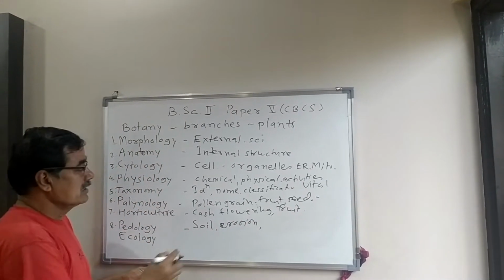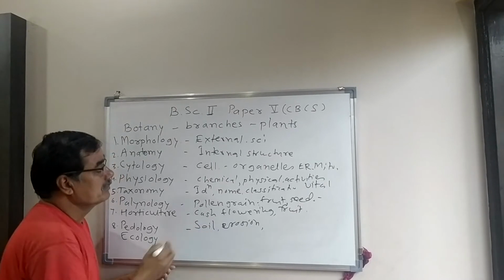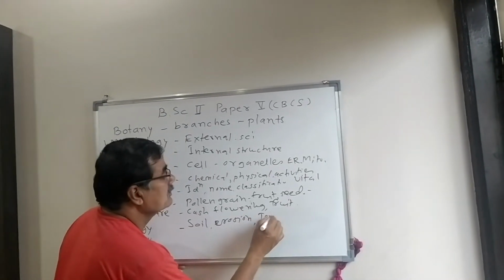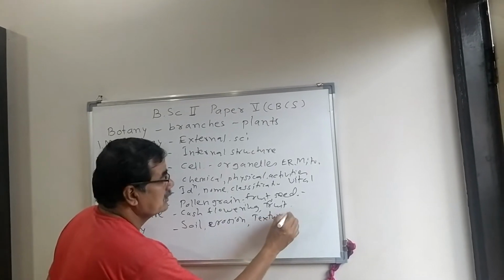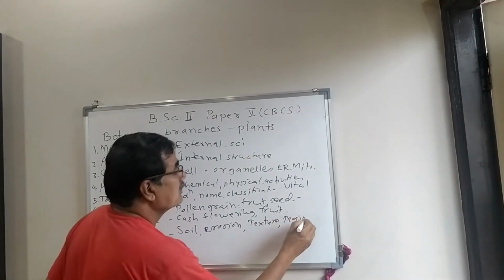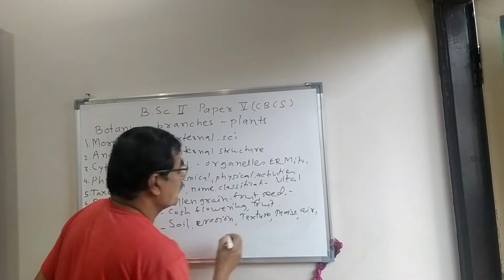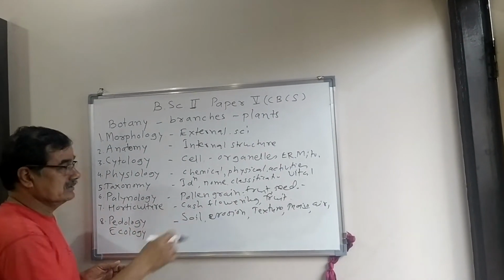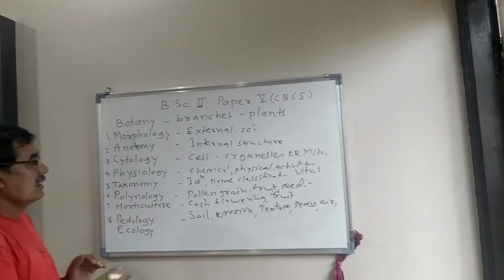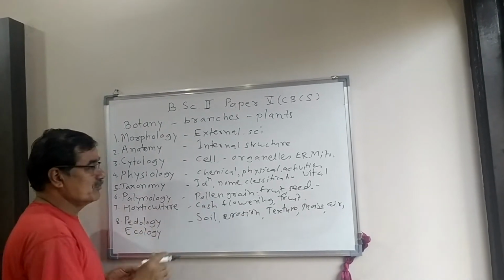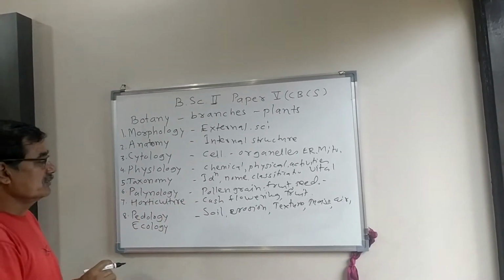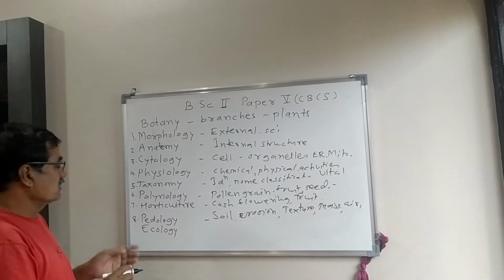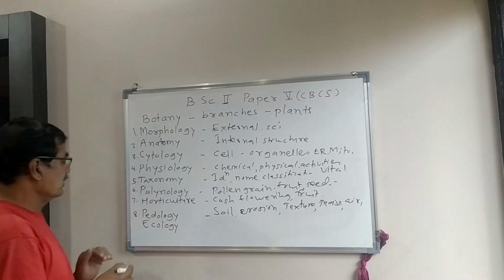Here the soil consists of humus soil, black soil, loamy soils, and soil having texture, moisture, temperature, air, humus, and different microorganisms which are present in the soil, due to which soil is important for cultivation, because the rooting medium is always in the soil. Therefore, it is one of the branches of botany.